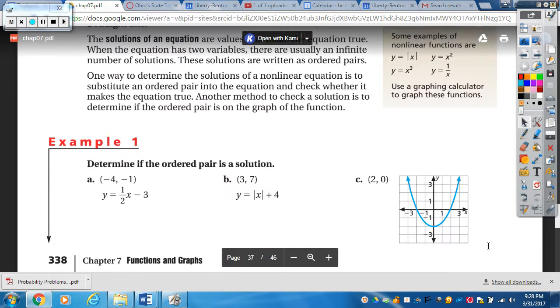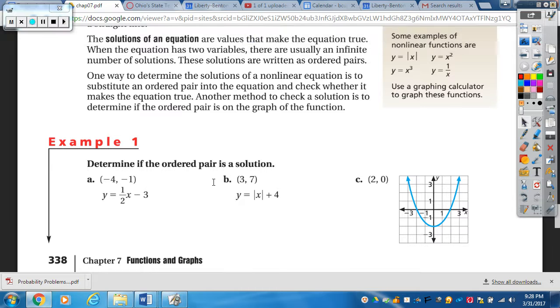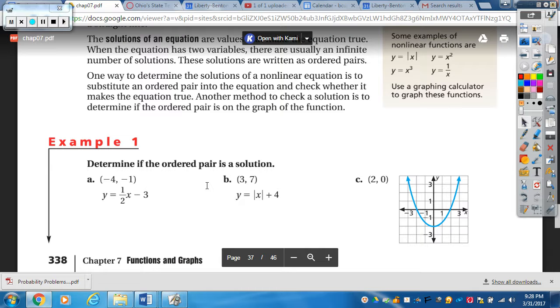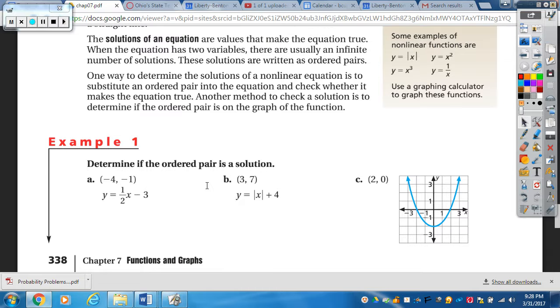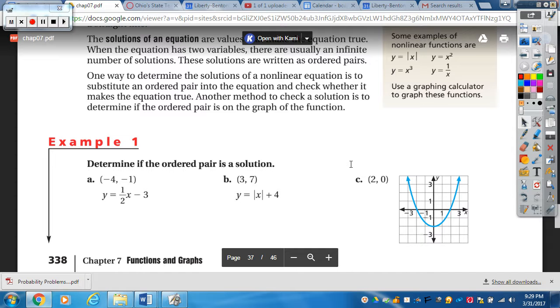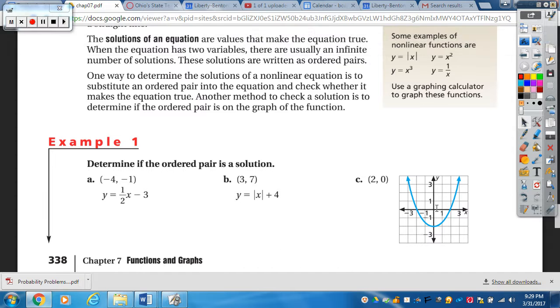Okay, so looking at this first one, example 1, I'd like you to write this out. Determine if the ordered pair is a solution. And write this down right here. Now, if you need to take a couple seconds to pause the computer so you can get that written down and then listen, you might want to do that. In fact, you can go ahead and do this one as well, and even graph out this one with the 2 right there. Okay, so take a moment, pause your computer, and we'll be right back.